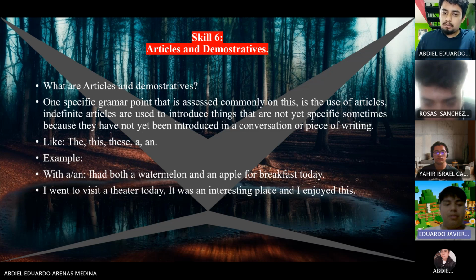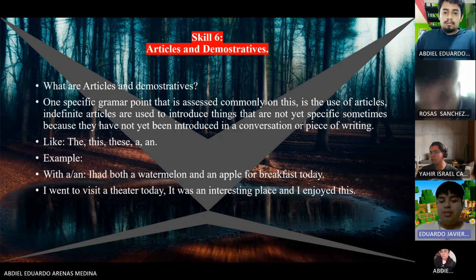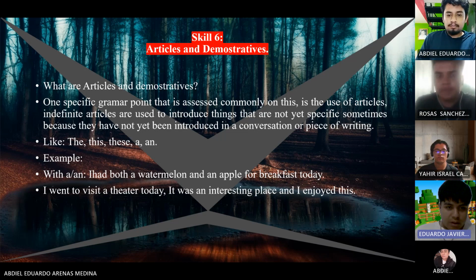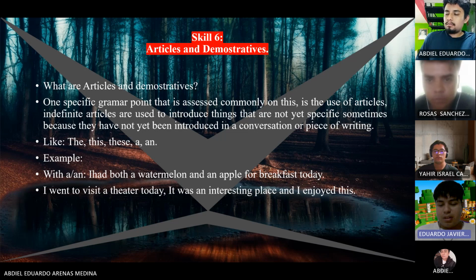The second example is: I went to visit a teacher today. It was an interesting place and I enjoyed this. Like we can see in this example, we use the article a. The next skill, please.